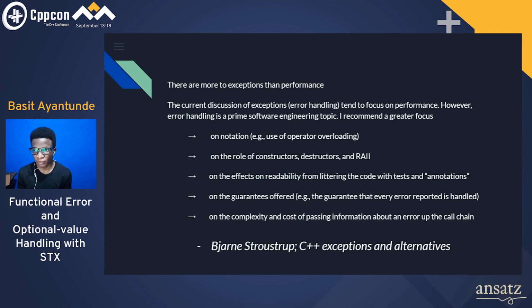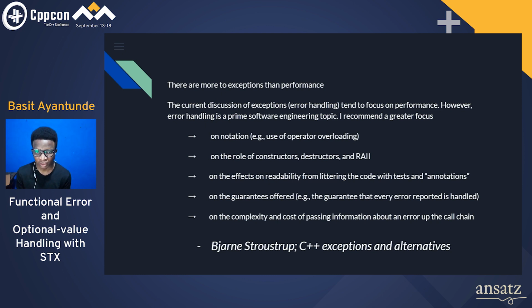I would like to leave us with a few notes from Jon Schwartzrock in the C++ exceptions and alternatives paper, which says there is more to exceptions than performance. The current discussion of exceptions tends to focus on performance. However, error handling is a prime software engineering topic.